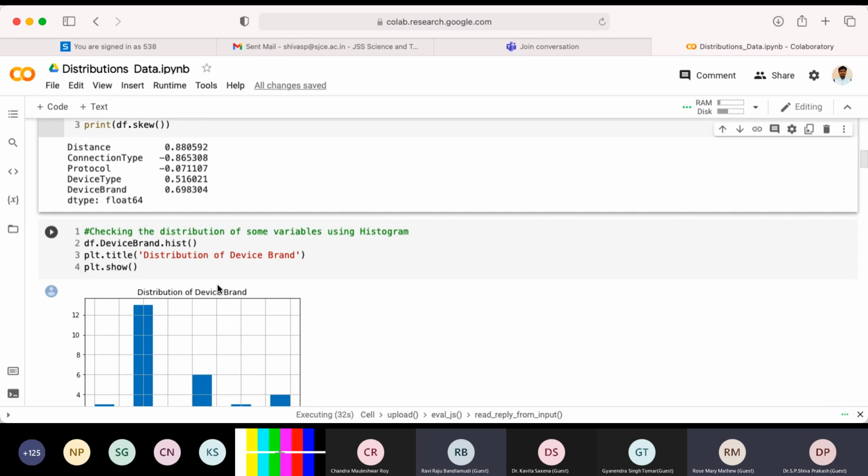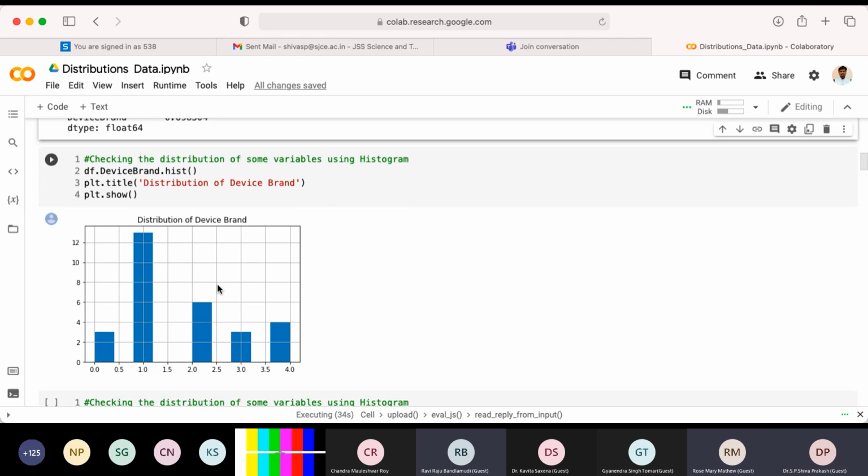Distribution can also be checked by using a histogram, which is a graphical representation where we group different data points within a user specific range.